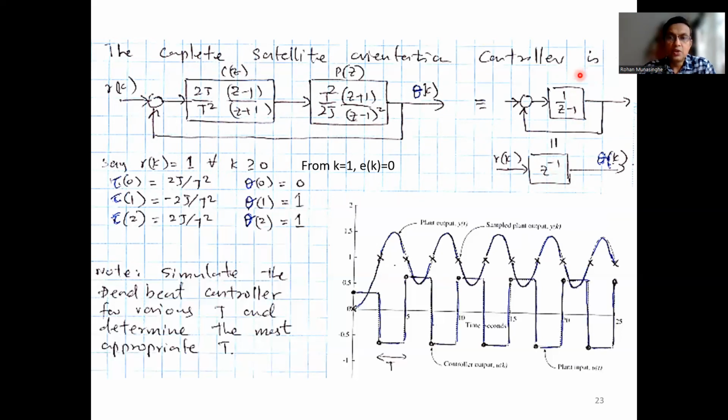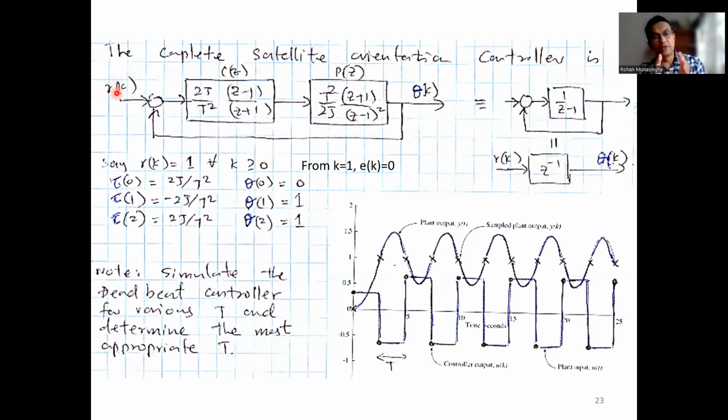In fact, we clamped the system to this state and then did the reverse calculation and design and found the controller. So therefore, this is an obvious result. Okay, it has to be like that. Now, if you want to simulate the entire control system, the deadbeat control of the satellite, okay, let's say we put over here the reference input.